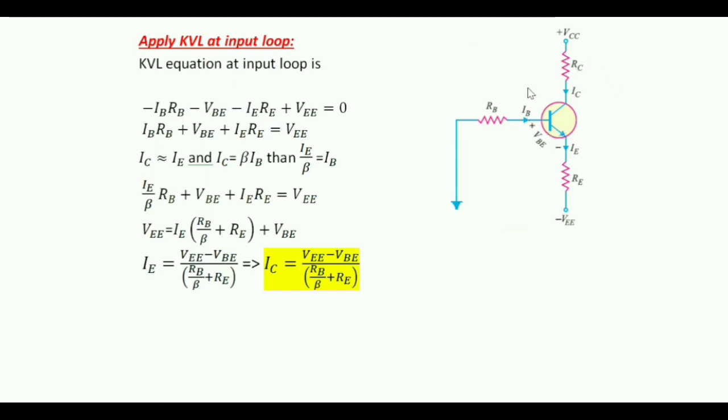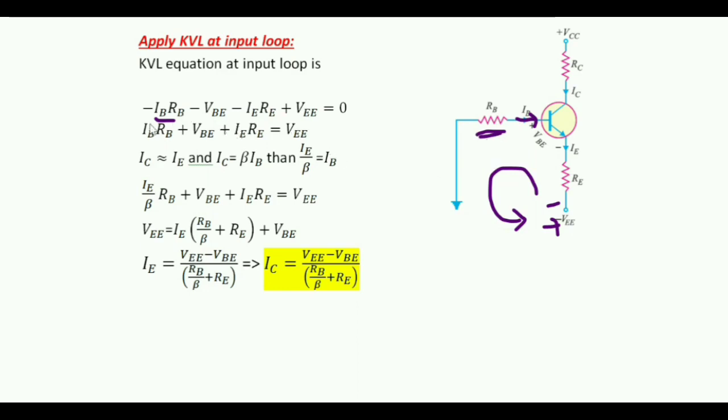If we apply KVL at the input loop, we get minus IB RB, the voltage drop across the base resistor RB. This is negative because, as we are thinking, this end is negative and the other is positive. Current flows from negative to positive, but actually the current is flowing into the base, which is why this is in the reverse direction.